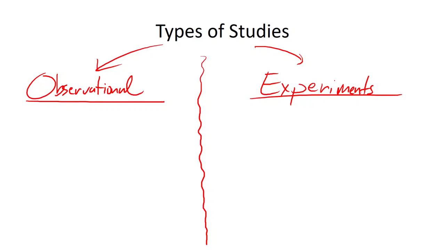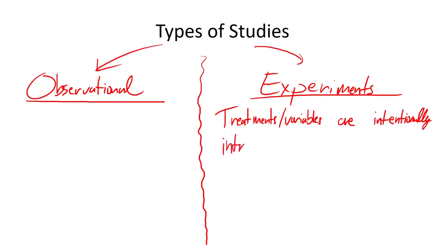So in an experiment, and we'll talk more about terminology, treatments or variables are intentionally introduced or withheld to see their effect.